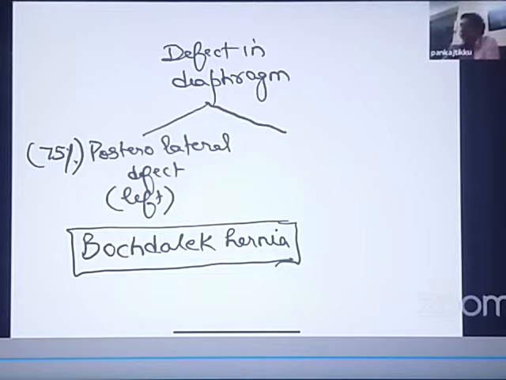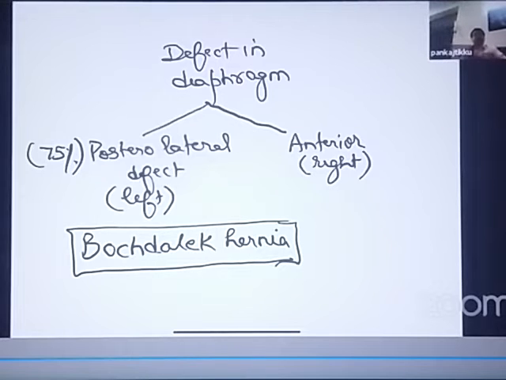Another type of defect through which this hernia can occur is basically an anterior and right-sided defect. So this defect is not posterior, this defect is in the anterior part of the diaphragm and not on the left side but on the right side. Left-sided defects are Bochdalek defects, right-sided defects are Morgagni defects.